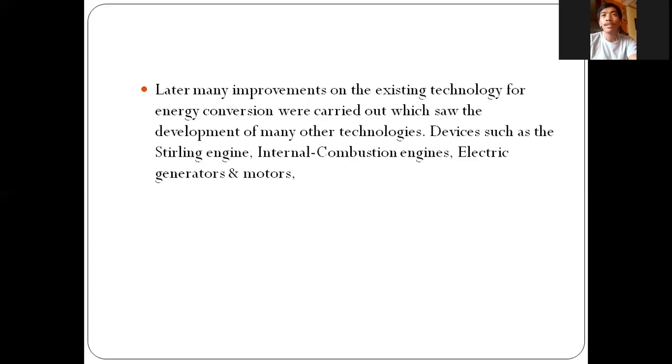Later, many improvements of existing technology for energy conversion were carried out, which saw the development of many other technologies. Devices such as the Stirling engine, internal combustion engine, electrical generator, and motors.